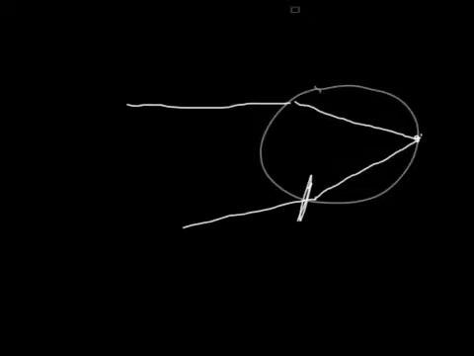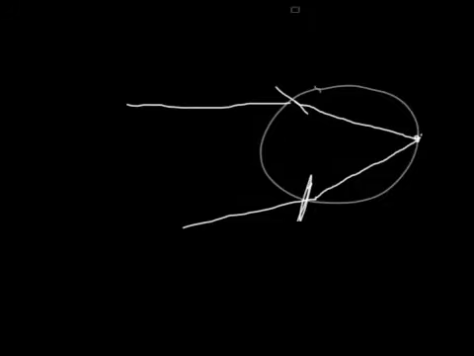Because the raindrop is made of water, it's more dense than the air. So as it passes through the air and then into the raindrop, it refracts, it bends. And then it reflects off the back right here. And since it's going from a denser medium to a less dense medium, it moves away from the normal line, which is this right here. So before it moved toward the normal line, then it moved away from the normal line.